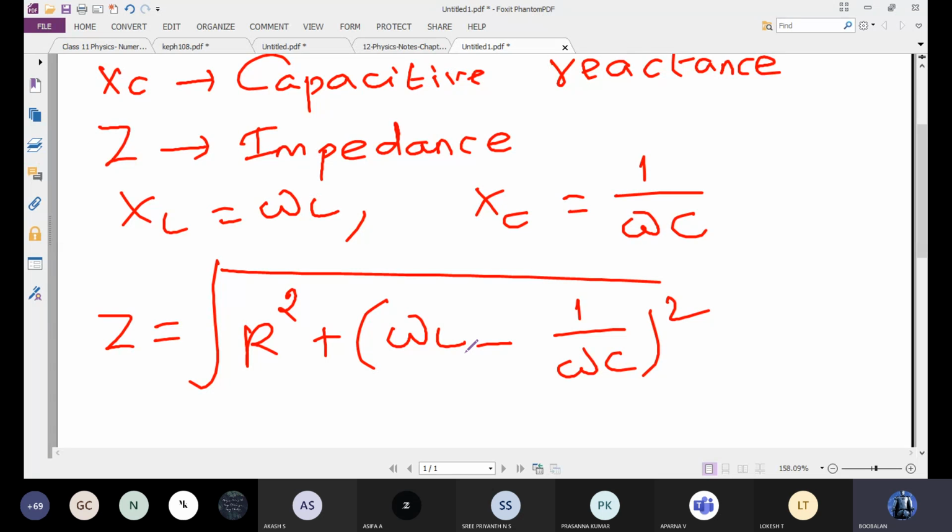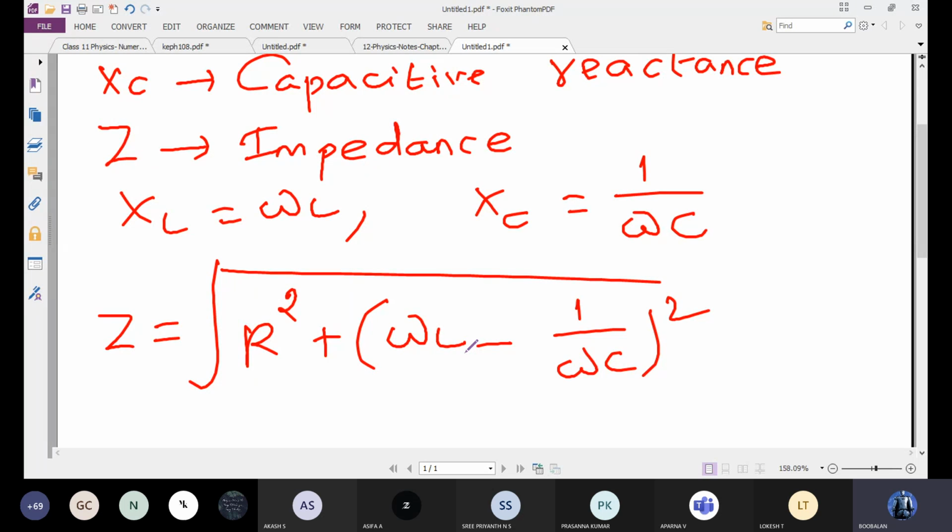First of all, what is an LCR circuit? Inductance, resistance and capacitor, all three connected to one AC source in series. After that, you want to find the I naught value, the current. So I naught is equal to E naught divided by root of R square plus XL minus XC square.